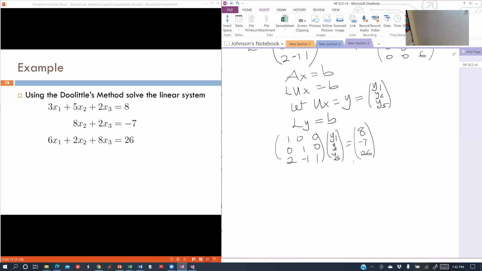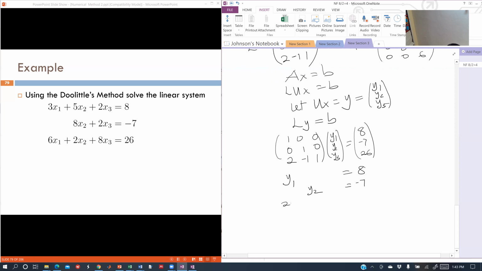You see, this is just like the first system I solved in my intro. So it is a lower triangular matrix, and we are going to solve it easily. Fortunately, this one is much easier. Y1 is equal to 8, and then we get Y2 is equal to minus 7.